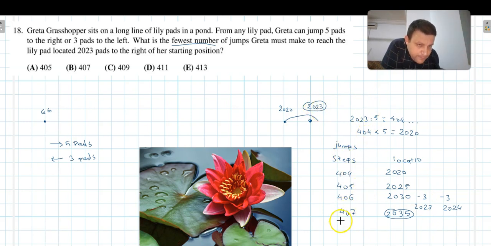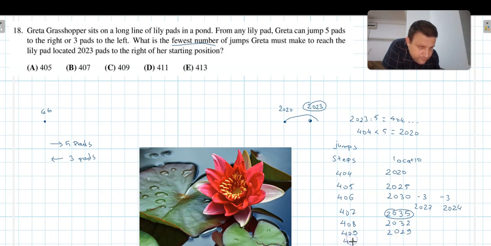So let's subtract. 408, another jump, but this time this jump is going to be to the left. So we are going to subtract 3: 2032. Another jump, 409. We are going to subtract 3 more: 2029.